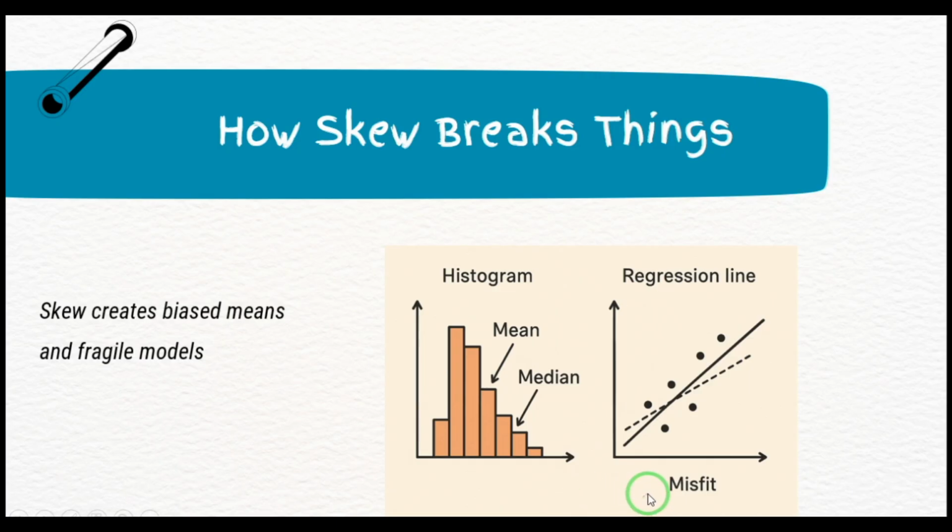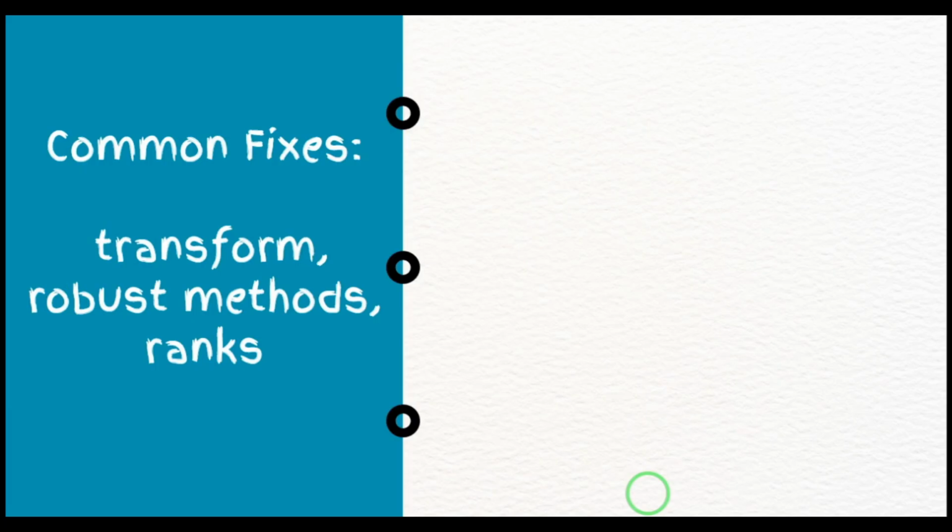But what can we do about skew? I'd say transformations are one common fix. Practical ways to handle skew are: first, apply a logarithm or square root transformation to compress the tail. Second, use Box-Cox to find the best transformation.